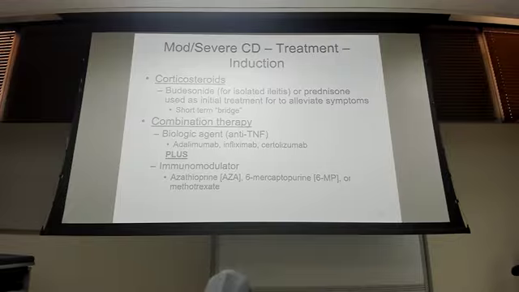So if we get to the combo therapy, past the corticosteroids for moderate and severe, we're just using those corticosteroids as a bridge to get them on biological agents, those anti-TNF agents listed there, and we're also going to put on immunomodulators. So azathioprine, AZA, or 6-mercaptopurine, or methotrexate. And if your patients are on the combo therapy, they obviously have immunosuppression.